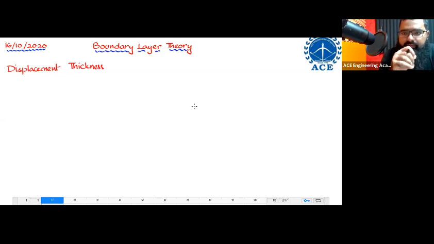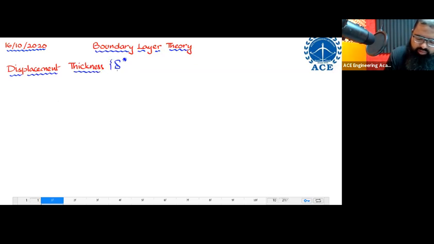In the mechanical paper, 2 mark questions have appeared at least thrice from this topic alone. In the civil paper also, recently one question came from displacement thickness. This displacement thickness is represented by delta star.